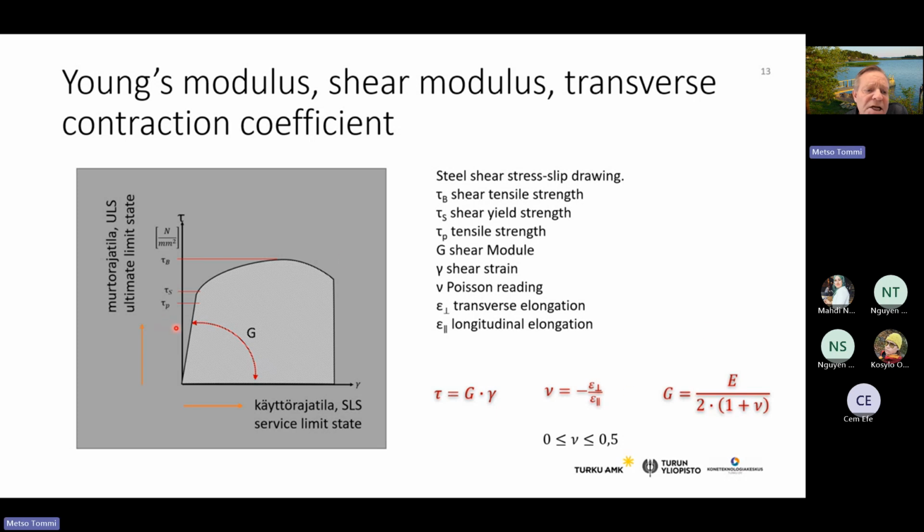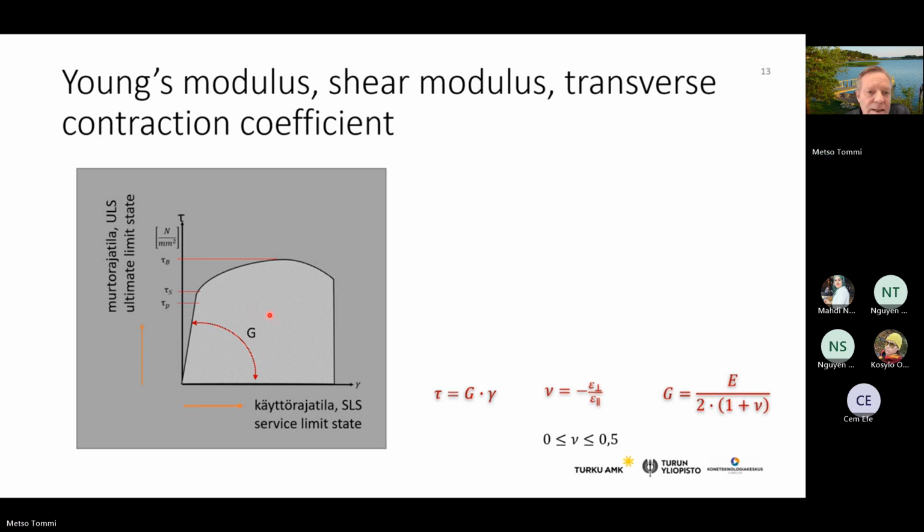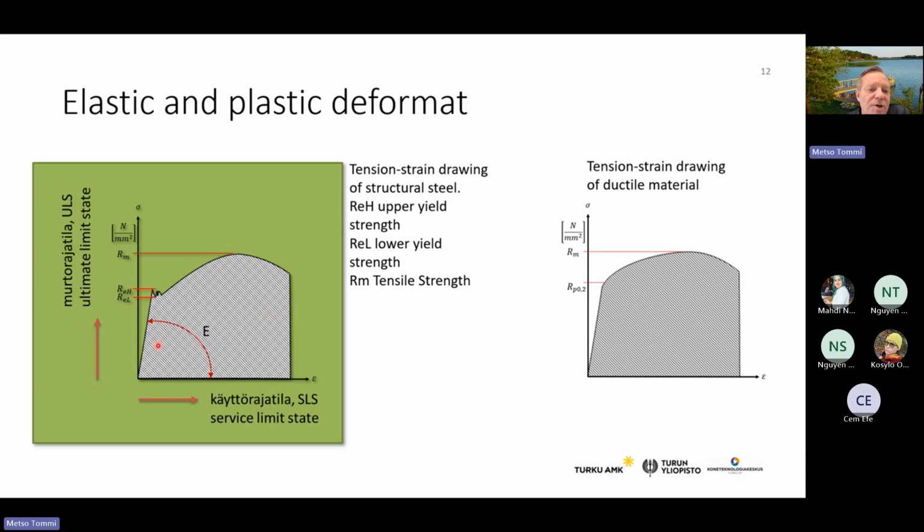And the difference from this tensile stress picture is that this shear modulus, we use the alphabet G, when in this tensile we used the alphabet E, so Young modulus.